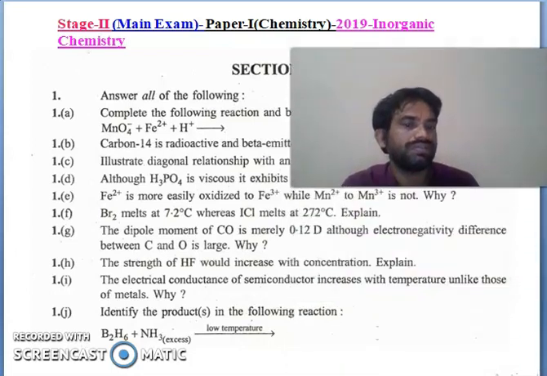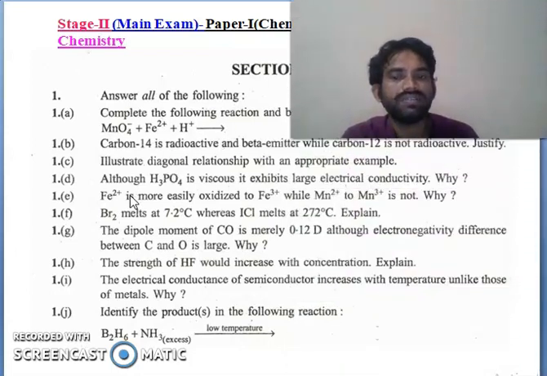Why? Fe2+ is more easily oxidized to Fe3+, while Mn2+ to Mn3+ is not. Why? Br2 melts at 7.2 degrees Celsius, whereas ICl melts at 272 degrees Celsius. Explain.